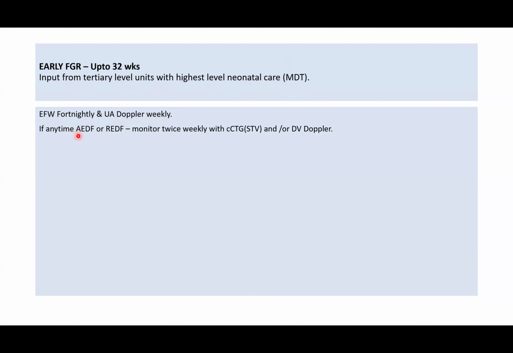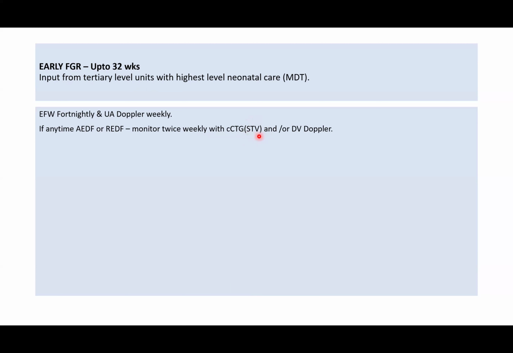If at any time there is absent or reversed end-diastolic flow in the umbilical artery Doppler, then monitoring is done twice weekly with CCTG, and in CCTG we will see the variation, that is STV, which is very pathognomonic of fetal hypoxia. These are the short term variations.